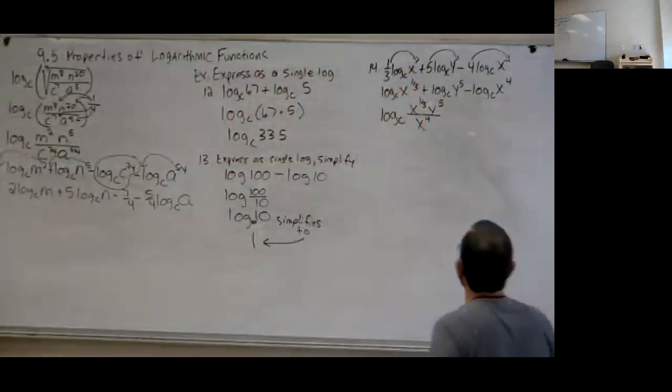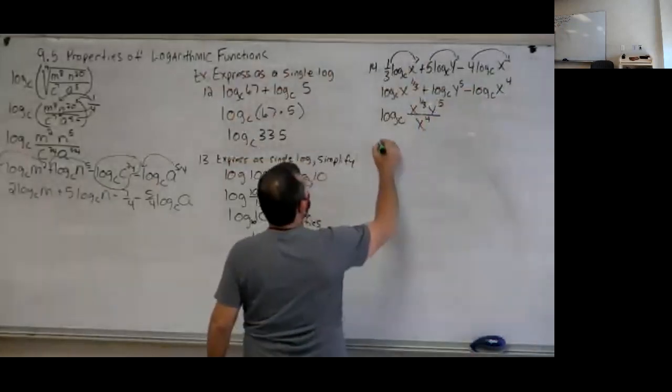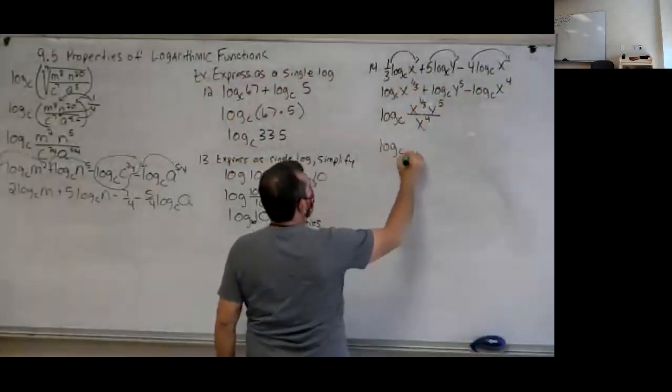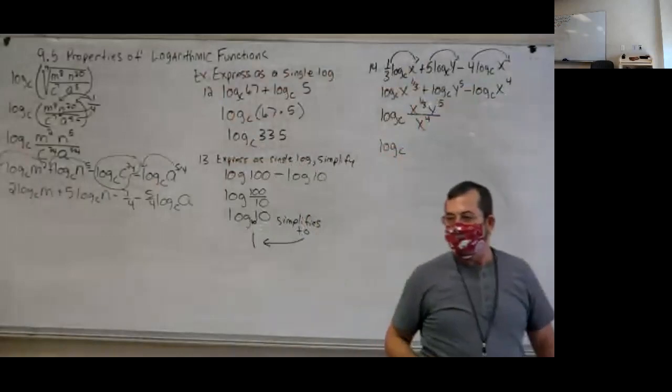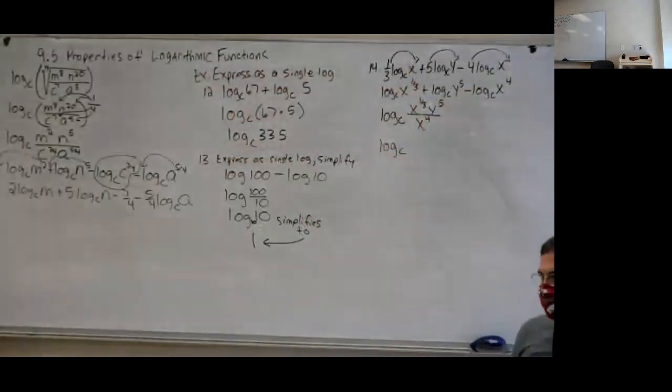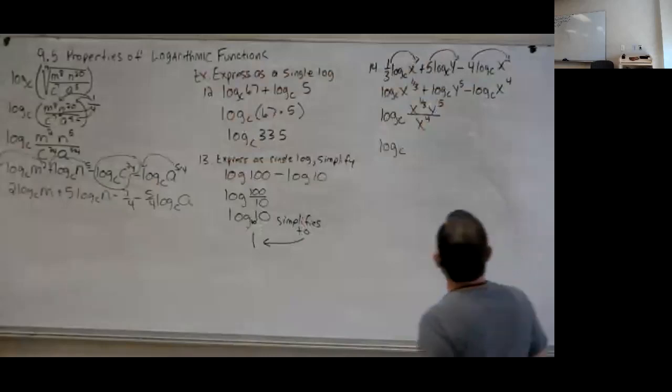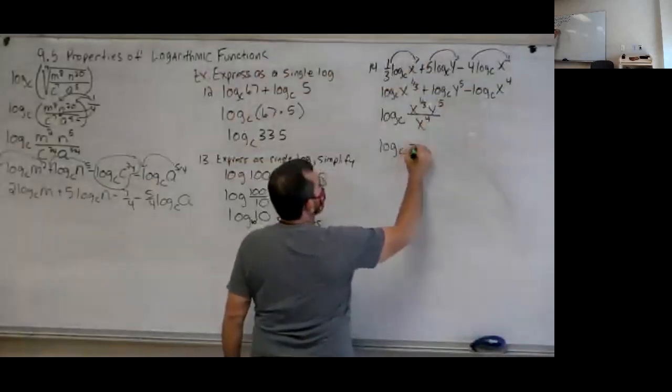So what you got to do on this problem, to simplify those X's, you subtract the smaller X from the larger X and leave the answer where the larger X was. So 4 is bigger than 1/3, right? So on top will only be the Y to the 5th.